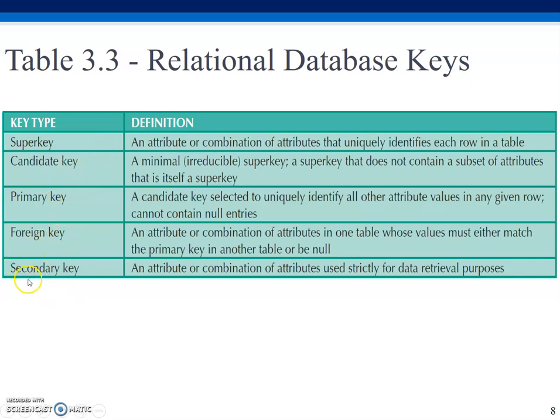Secondary key is different from any of these. Secondary key, as it says there, is used for data retrieval purposes. Sometimes this is more like indexing. It is nothing to uniquely identify a record. It is used for retrieval purposes, so it's for fast performance.